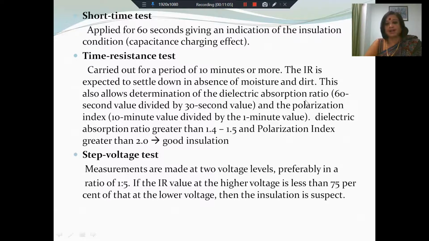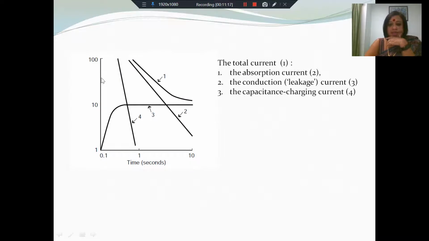the dielectric absorption ratio. What is this dielectric absorption ratio? The dielectric absorption ratio is defined as the 60-second value divided by the 30-second value. So if you look at this, by 30 seconds, you expect just capacitive charging current, whereas by 60 seconds, you are also looking at absorption current.